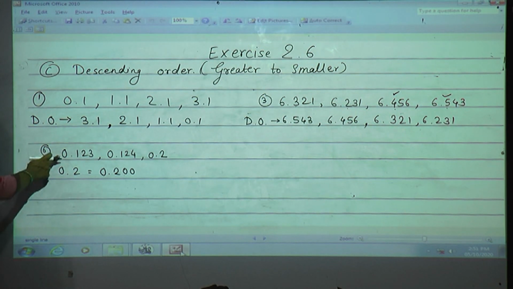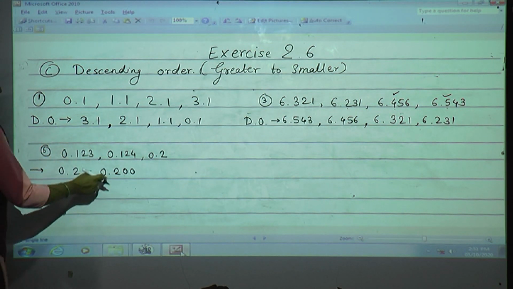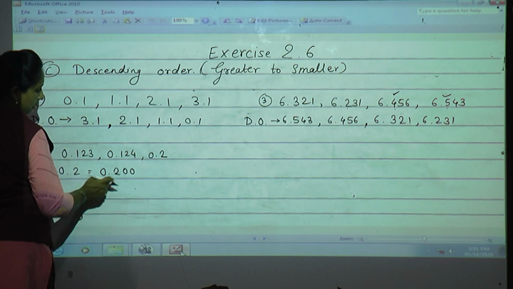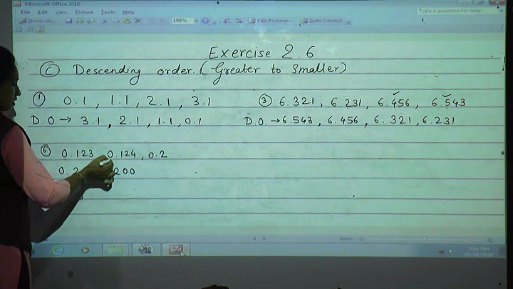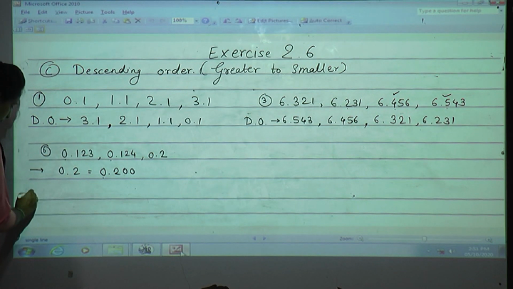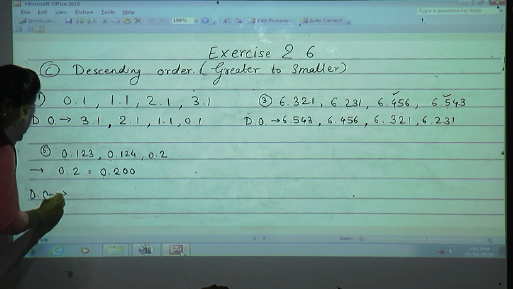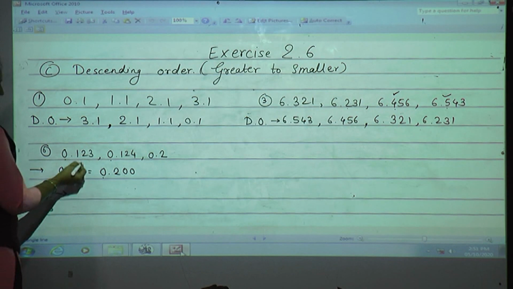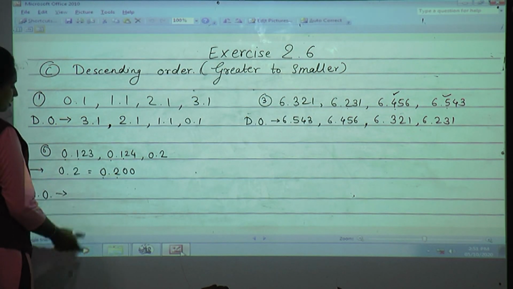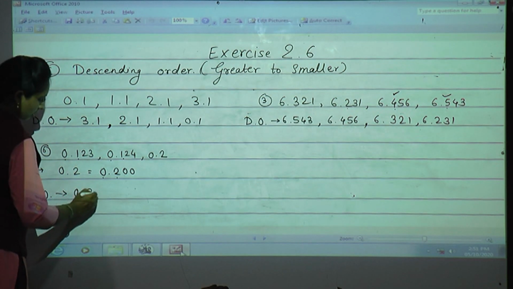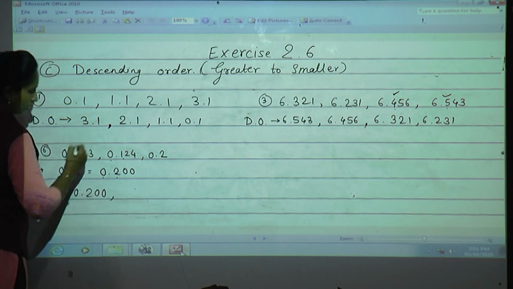Now see, 0.123, 0.124 and 0.200. In the place of whole number 0, 0, 0, all are the same, isn't it? So go with the next tenth place. 1, 1, 2. Which is greater? Of course 2 is greater. So first 0.200, comma.